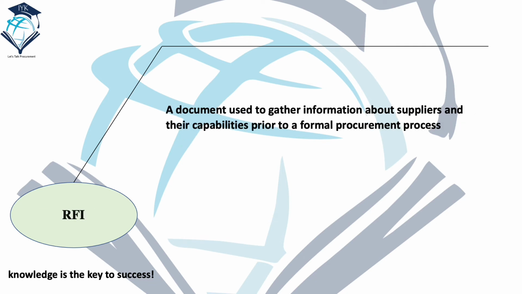RFI. Request for information. A document used to gather information about suppliers and their capabilities prior to a formal procurement process, or before going to register the supplier in their list, is called an RFI. Basically, an RFI is required while any organization is going to tie up with any other supplier.